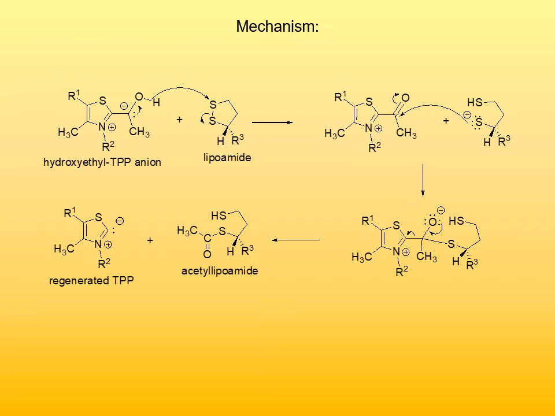In the final step, the bond between TPP and hydroxyethyl is broken, so the products are acetyl lipoamide and TPP anion. TPP anion is regenerated and is able to participate in another catalytic cycle, while acetyl lipoamide goes on further to be converted to acetyl coenzyme A.